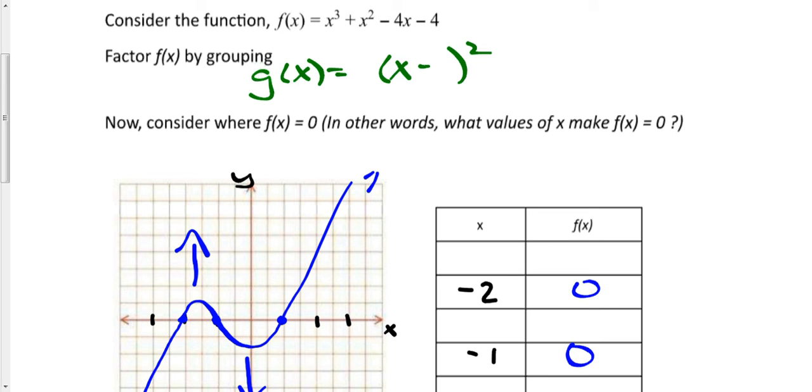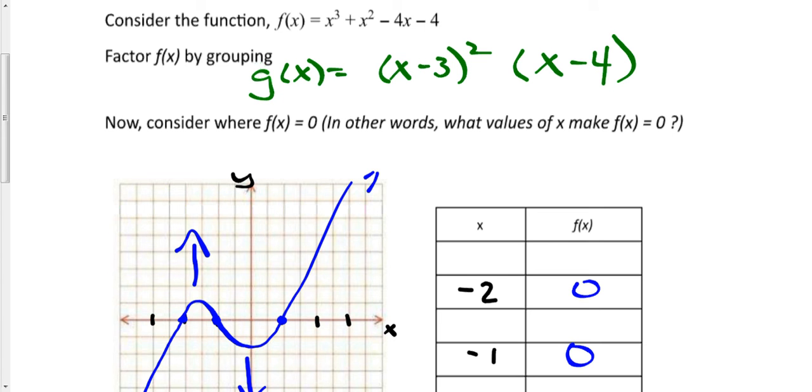Let's do x minus 3 squared. Yeah, and x minus 2. No, not x minus 2. X minus 4. I like that. What do you think this is going to look like?